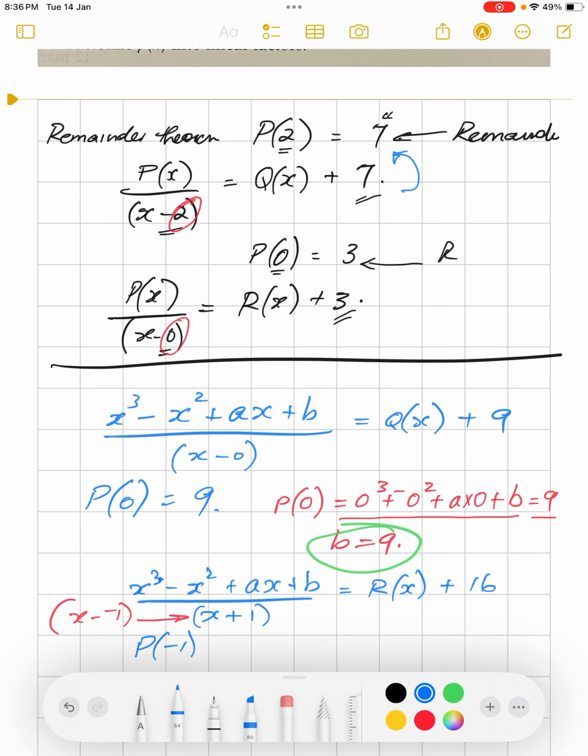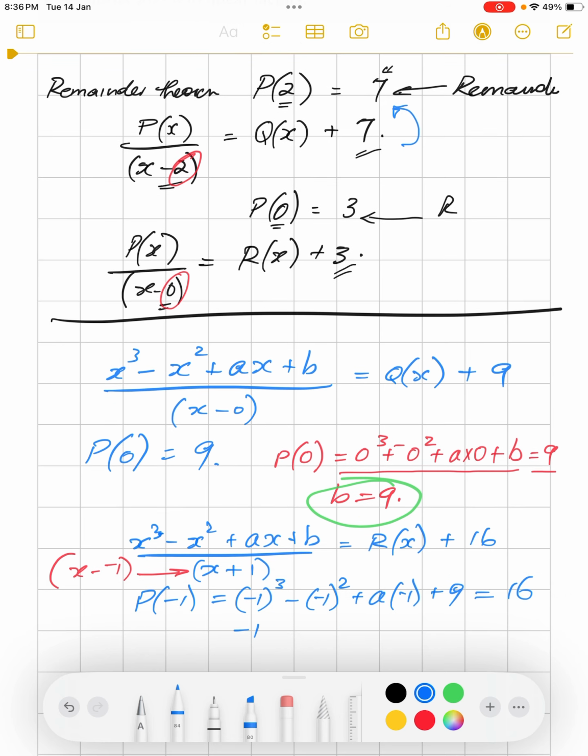If we substitute negative 1, we will get negative 1 cubed, minus negative 1 squared, a times negative 1, plus b, which is 9, we already know that, will equal 16. That will equal our remainder.